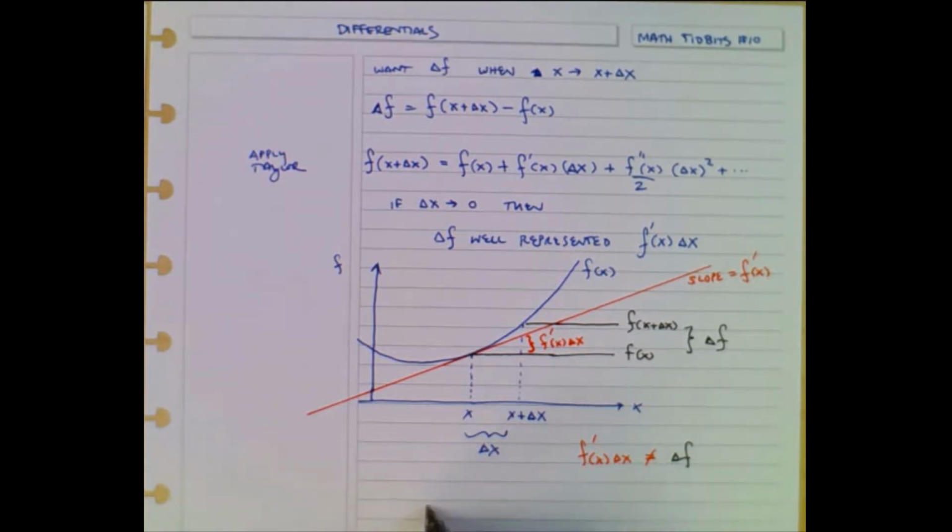But if we take the limit as delta x goes to 0, then what we get is df equals f prime dx. Because as delta x goes to 0, then delta x can be replaced by dx, and delta f gets replaced by df.